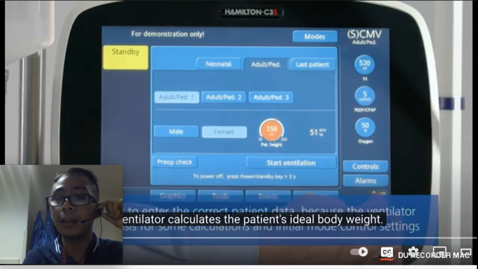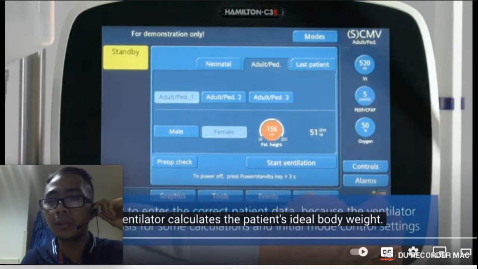I may stand corrected, but if you can still recall, it is height in inches. So you correlate the formula on tidal volume with how we compute, as respiratory therapists, the ideal body weight of our patient.